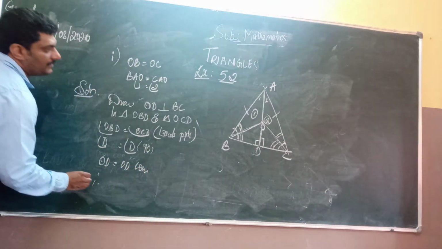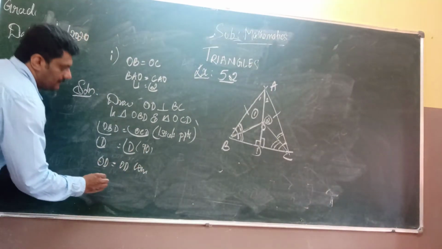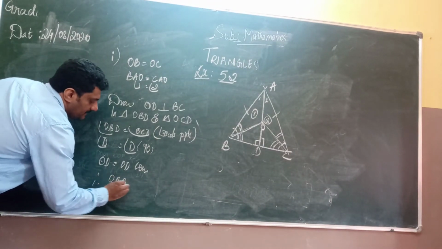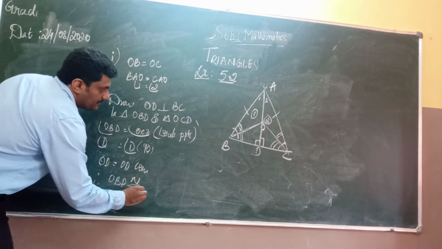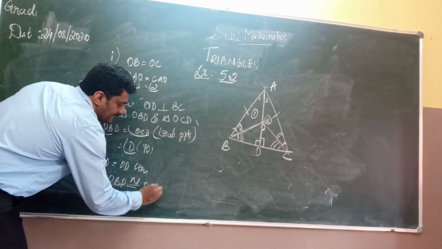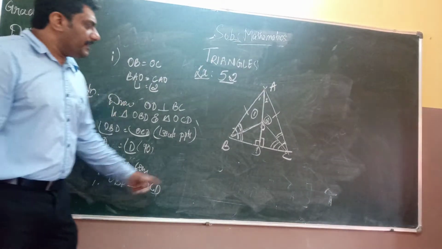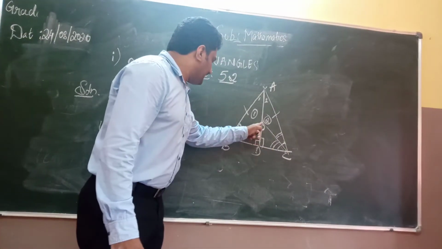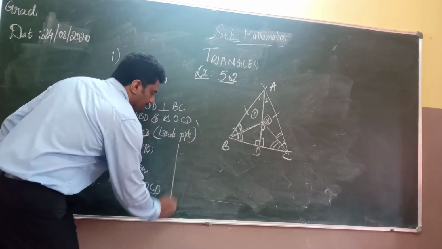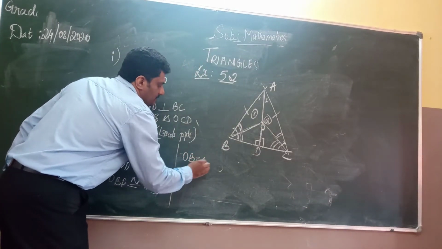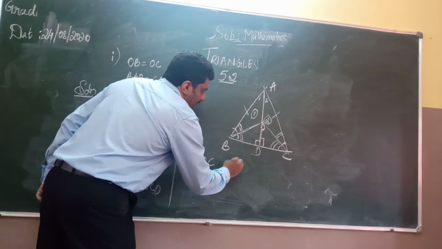Therefore, I can conclude that triangle OBD is congruent to triangle OCD. Now, if these two are congruent, can I tell OB is equal to OC? OB is equal to OC, by CPCT.